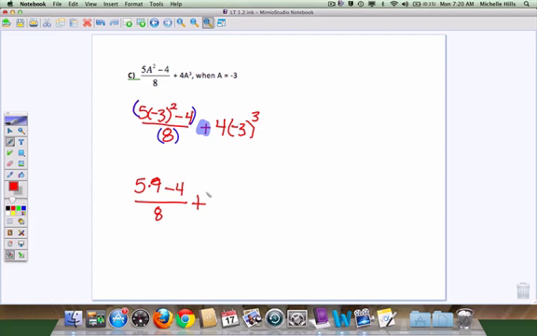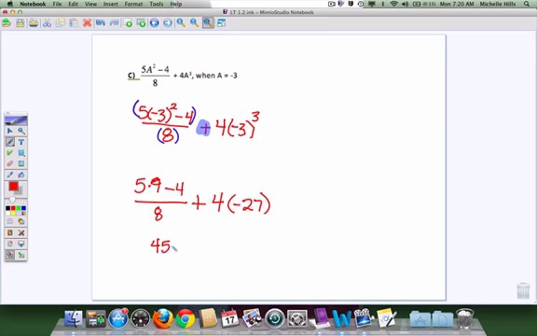Exponent would go before multiplication, so this becomes 4 times negative 27. I still haven't finished simplifying what's on the left. I would multiply before I subtract. So 5 times 9 is 45. Bring down my minus 4 over my 8, plus positive 4 times negative 27 is negative 108.